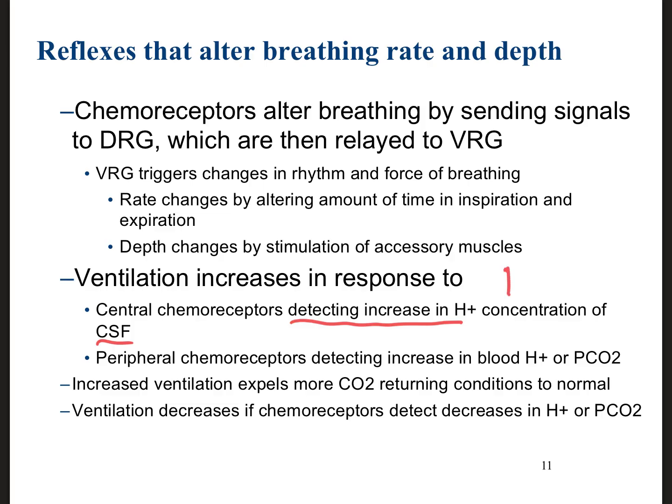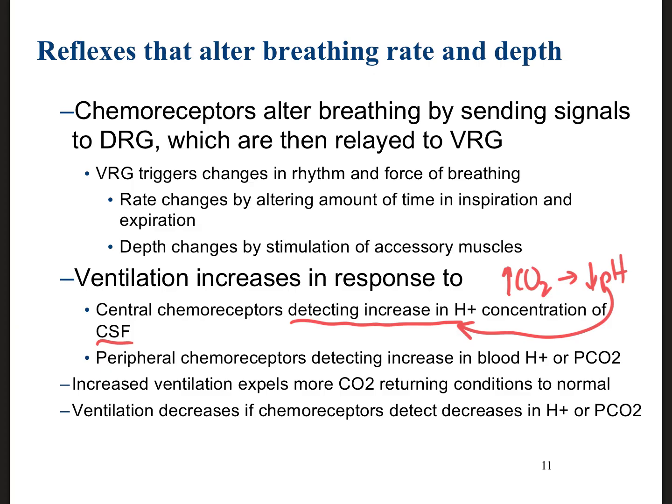Remember, increased CO2 leads to a decrease in pH, which is equal to an increase in that. So, to get rid of the excess carbon dioxide, ventilation increases. More air moves in faster and out, hopefully to get rid of more CO2.